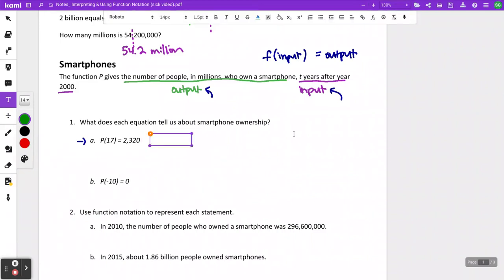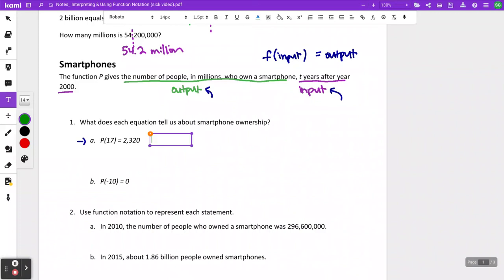All right. So connecting it to some of the things we've already mentioned, what's in my parentheses, the 17, is describing our input. The input was this part in purple, but it doesn't mean in year 17. First of all, that sounds crazy. It means 17 years after the year 2000. So 17 years after the year 2000 would be the year 2017.